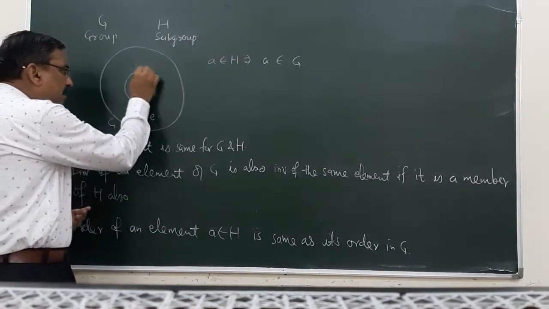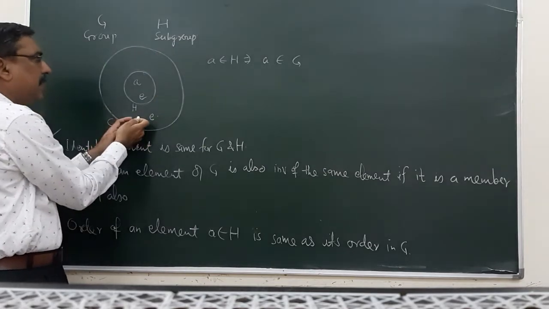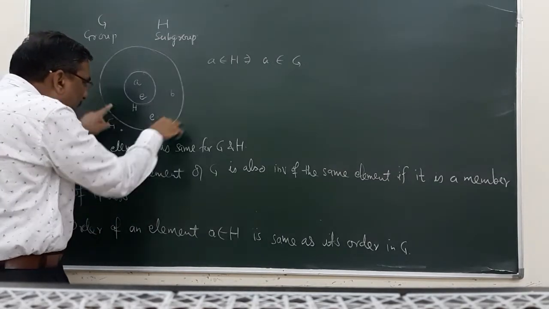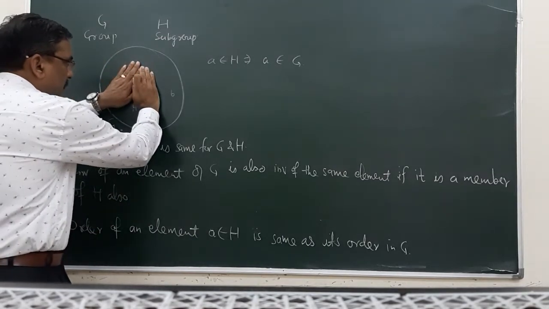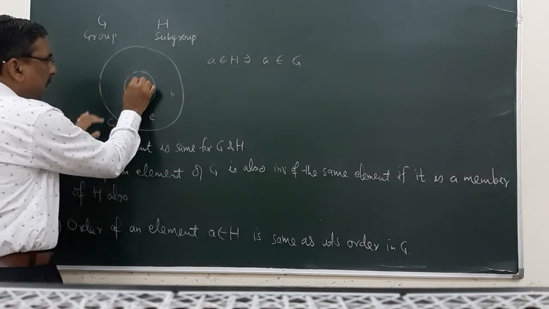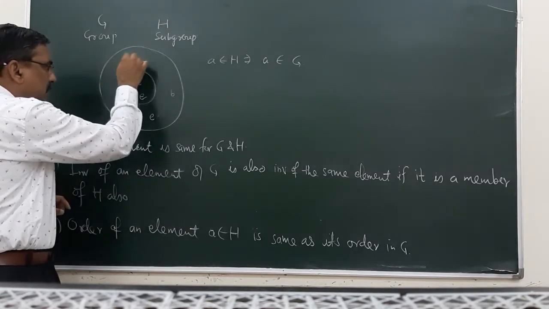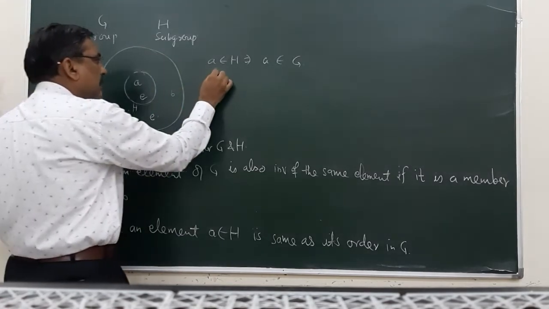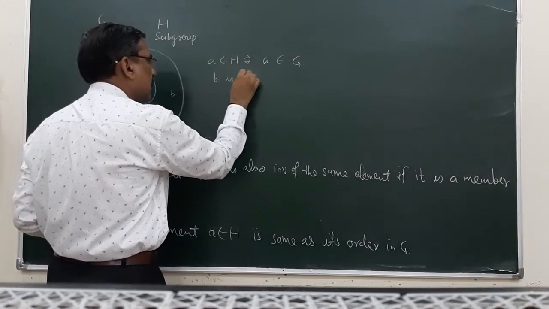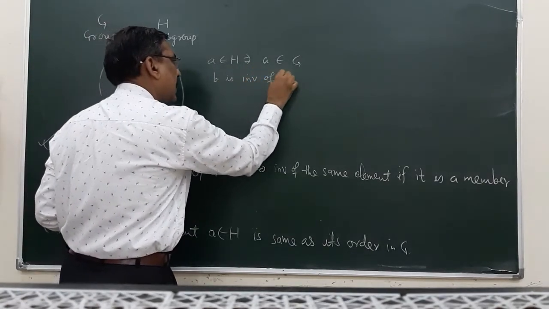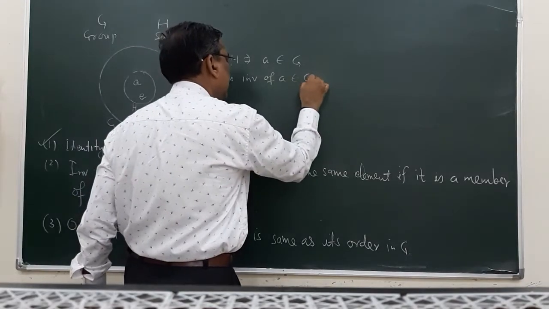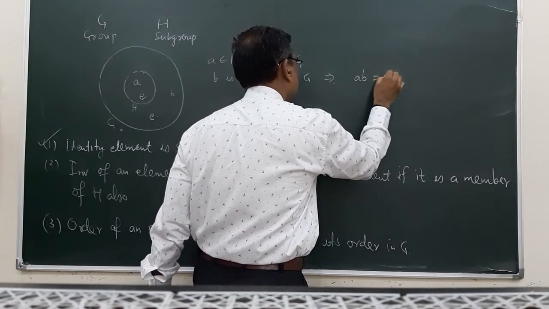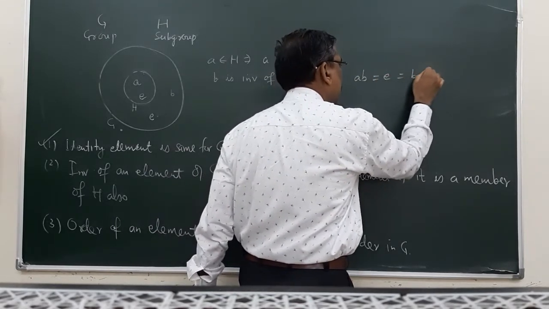When A is an element of G, its inverse in G is B. B is the inverse of A, belongs to G. Means AB is equal to identity is equal to BA.